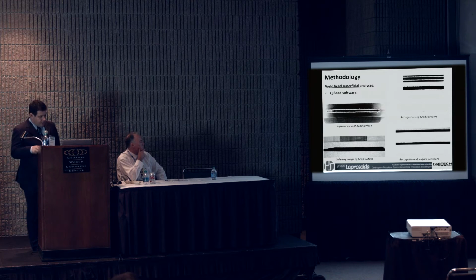So basically what we have is, we take a picture, and we develop just ordinary software with digital image processing. How does it work? We take a picture of the weld bead, seeing the face of the weld over the top, and a side of the weld.